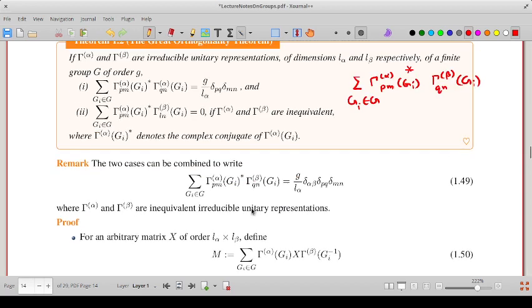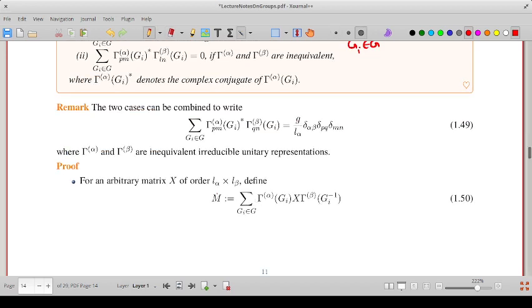Now we consider the proof of this statement. For that, we first consider an arbitrary matrix X of order L alpha by L beta. Then we define a matrix M which is obtained by considering gamma alpha Gi times X times gamma beta Gi inverse.